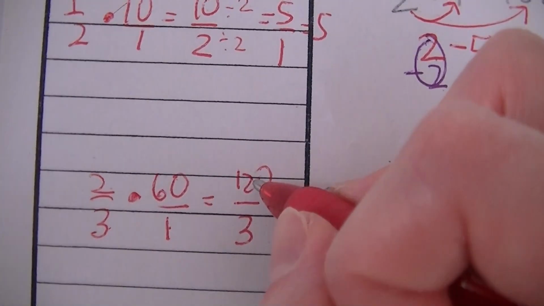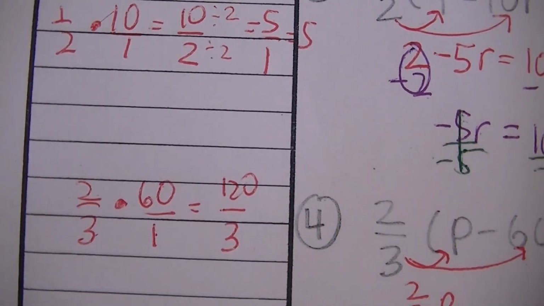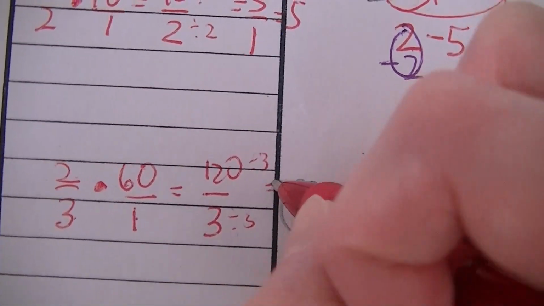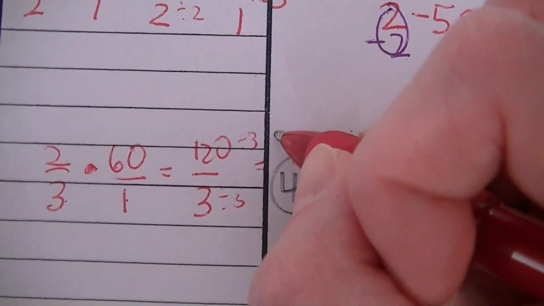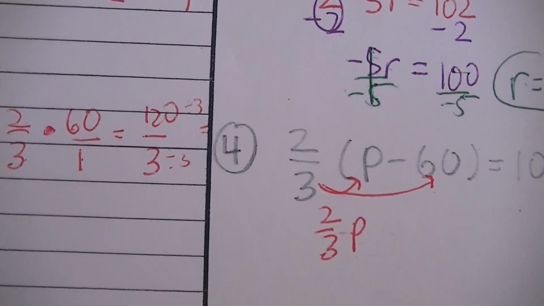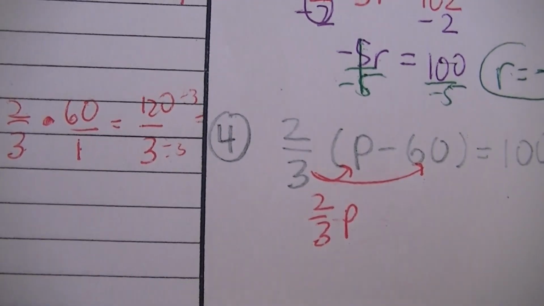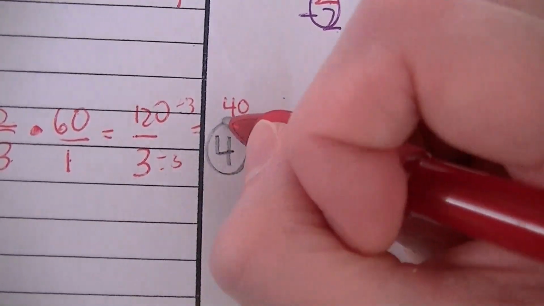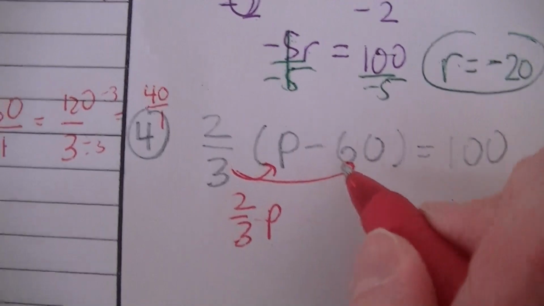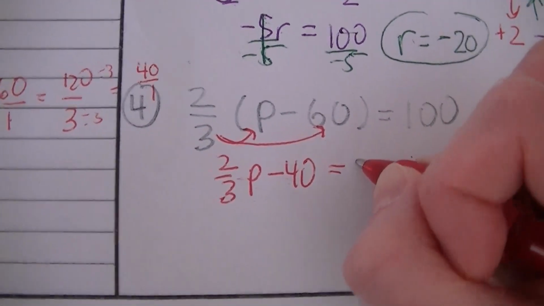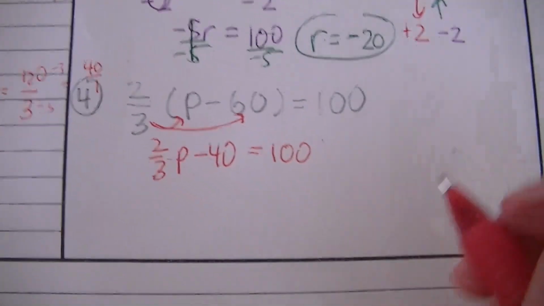So I can just go ahead and go 120 divided by 3, or you could simplify that fraction by going, well, 3 goes into both, so divide by 3, divide by 3. 120 divided by 3 is, hold on a minute, got lost. Sorry, 40. And then 3 divided by 3 is 1. Okay, so 2/3 times negative 60 is going to be negative 40. That equals 100. Okay, and then you build it from there.